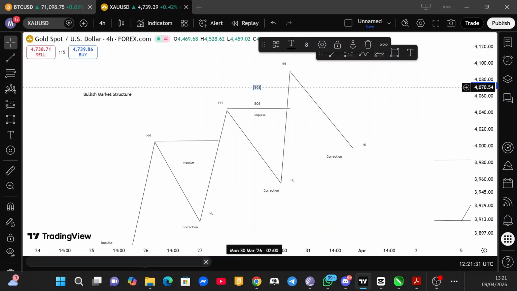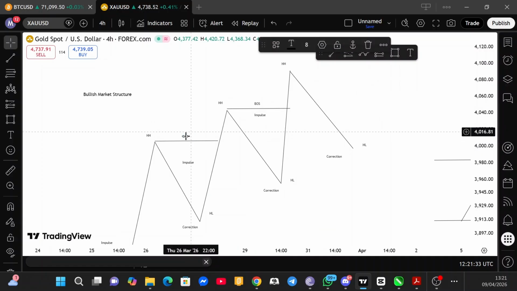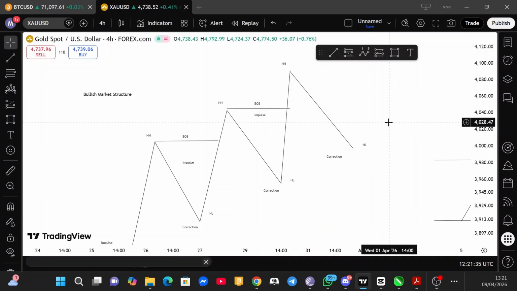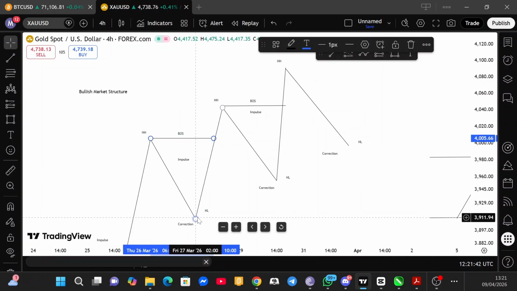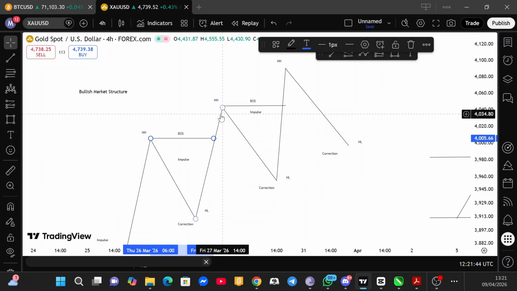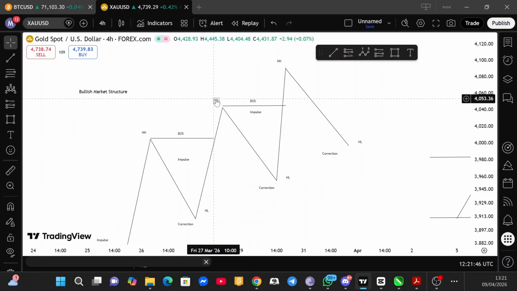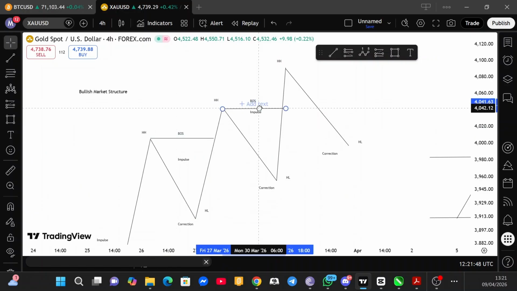Let's clone this. Break of structure. So you see that now. The point at which the new high broke above the previous high is what we call the break of structure.